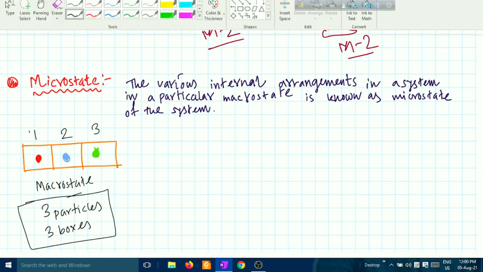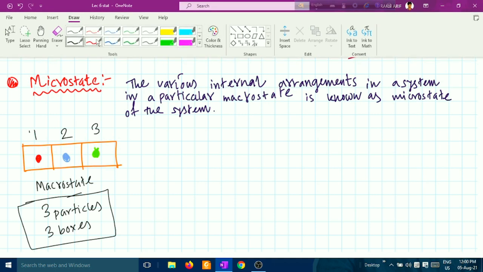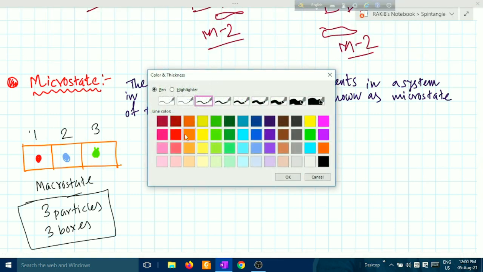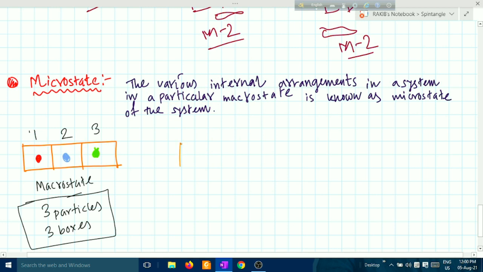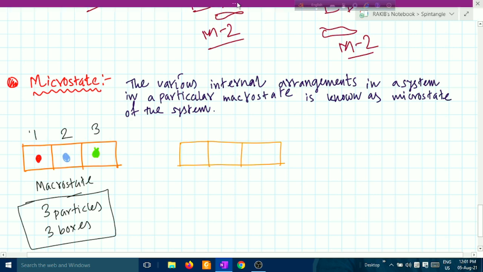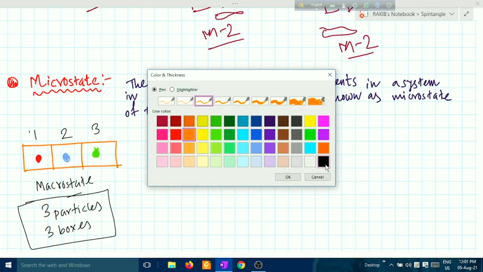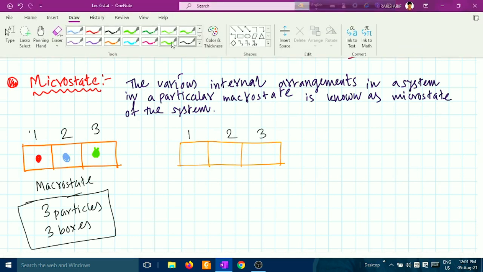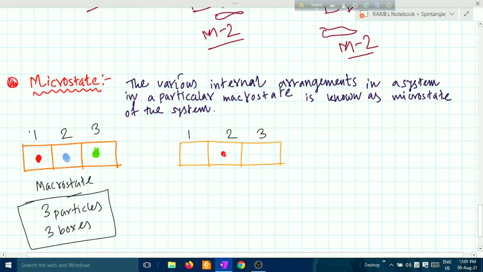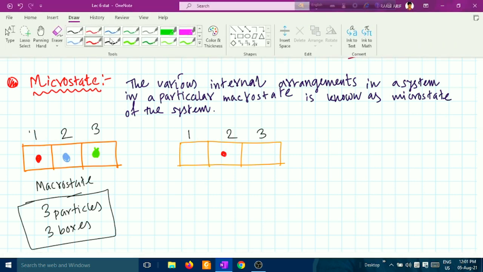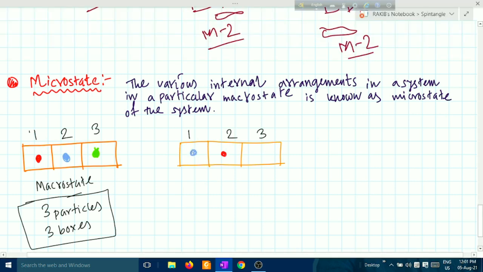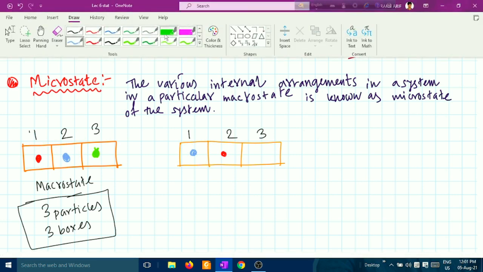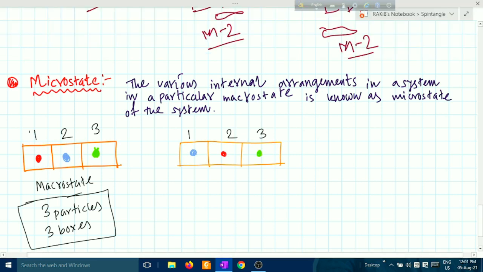Then what can we conclude from this? Say this is the box after some time, and these are the compartments, labeled 1, 2 and 3. But the red ball goes here, the blue ball goes here, and the green ball remains in the same place.